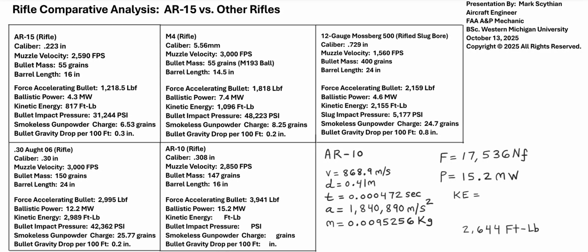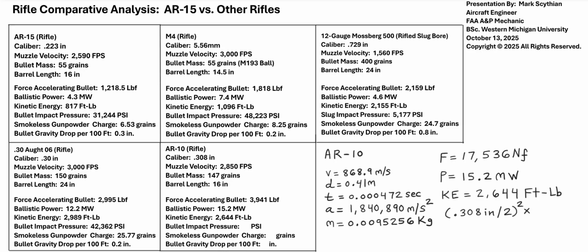Then its kinetic energy, 2,644 foot-pounds. So we get the 308 caliber cross-sectional area, and then we divide the force accelerating the round by its cross-sectional area.